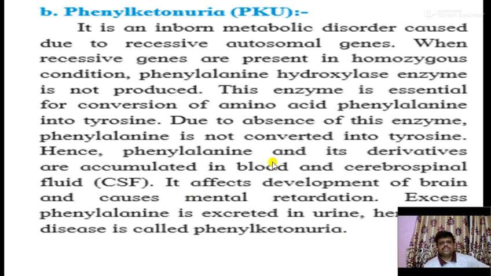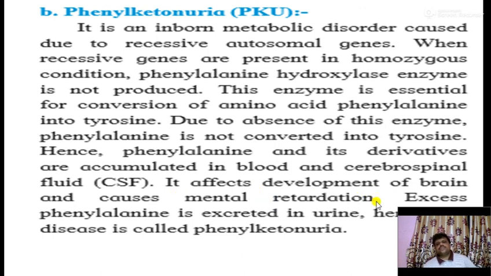The gene responsible for this is an autosomal recessive gene, and when this gene is present in the homozygous condition, not in the heterozygous condition, the enzyme phenylalanine hydroxylase is not produced, and this enzyme is very essential for the conversion of the amino acid phenylalanine into tyrosine. Otherwise phenylalanine is not converted into tyrosine, and hence phenylalanine and its derivatives are accumulated in the blood and the cerebrospinal fluid, and this affects the development of the brain and causes mental retardation.